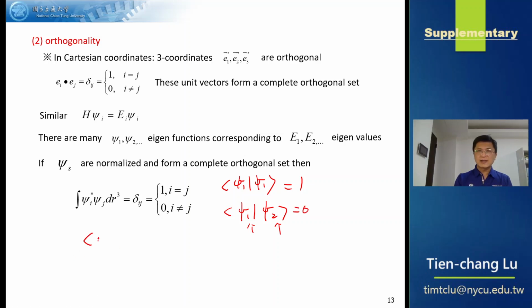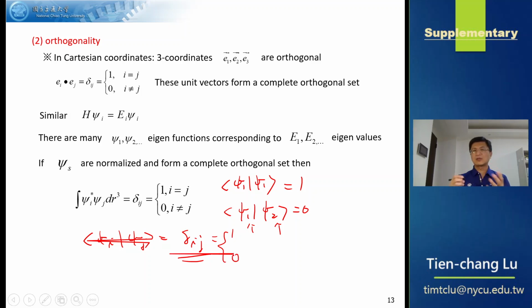So we can say that the integral of phi_i and phi_j equals delta_ij. This delta function is the Kronecker delta function. Only when i equals j do we have the value 1. Otherwise, it equals 0. So this is the orthogonality.